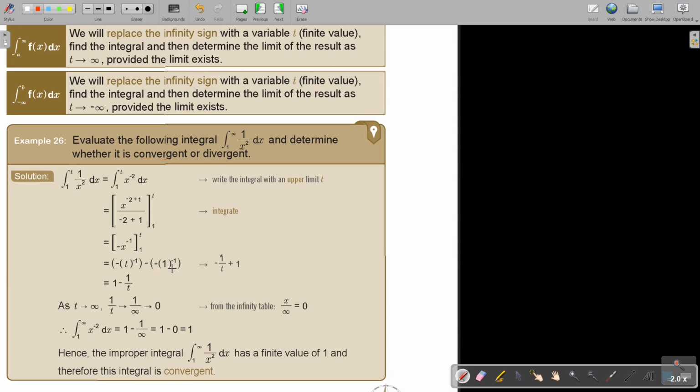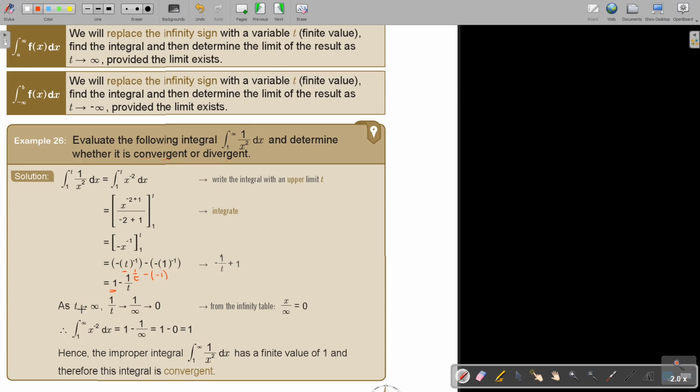And now just look at this step. I just want to show you. This is going to be negative 1 over t, and this is going to become negative, and this is going to become, okay, let's just see, this is 1, because it's going to become negative 1, okay, so because anything to any power stays 1, and there's the negative 1, and then it's going to give me that 1, I just swapped the two sides, okay.